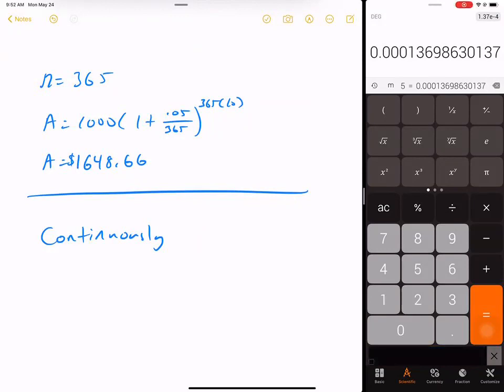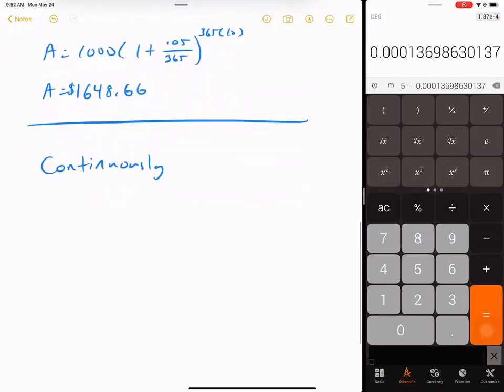This is our continuous formula: A is equal to P e to the RT. A equals P e to the RT. Now, e is our constant. e for us is approximately 2.7, blah, blah, blah.